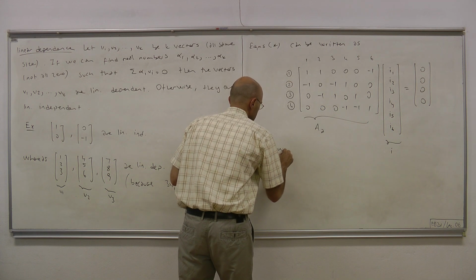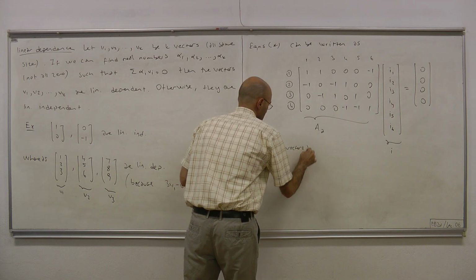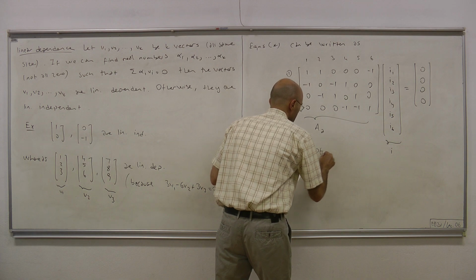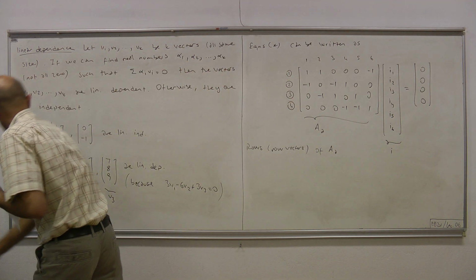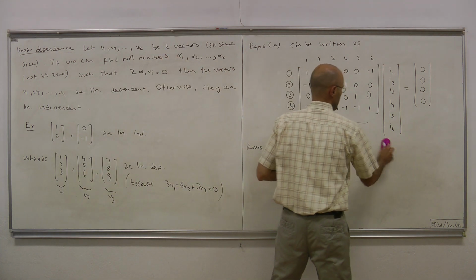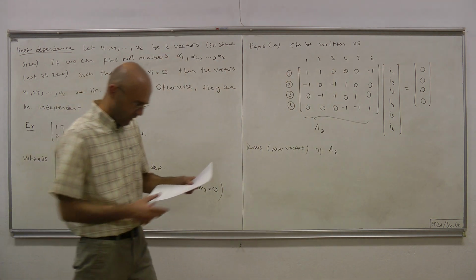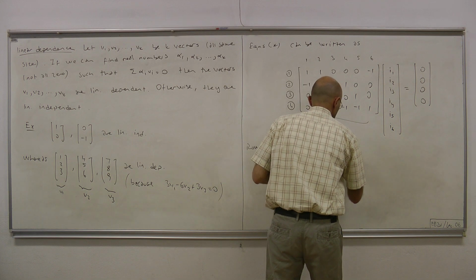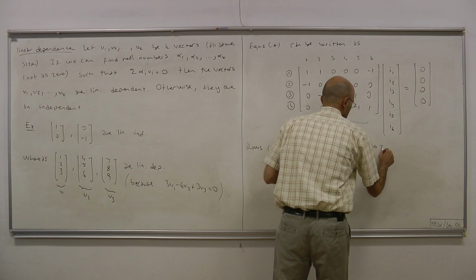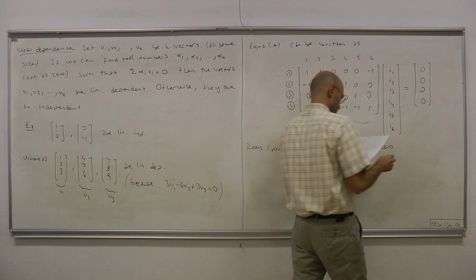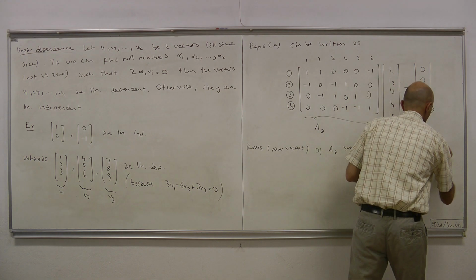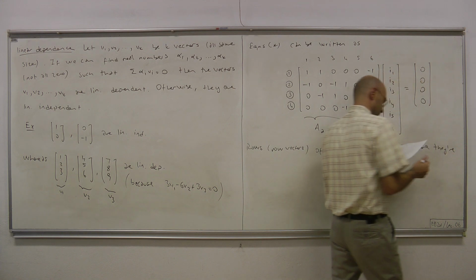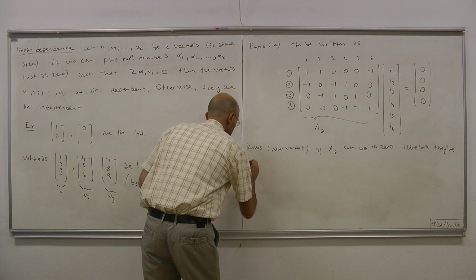The row vectors of A, our incidence matrix, sum up to 0. Therefore, those rows are linearly dependent.